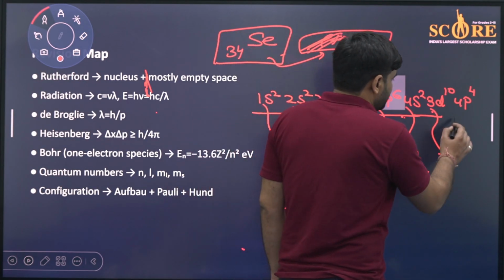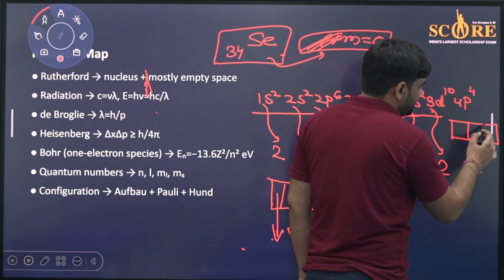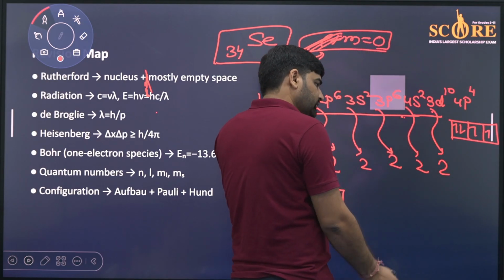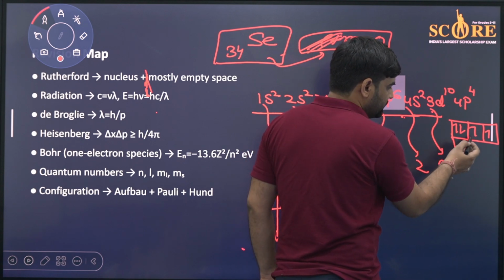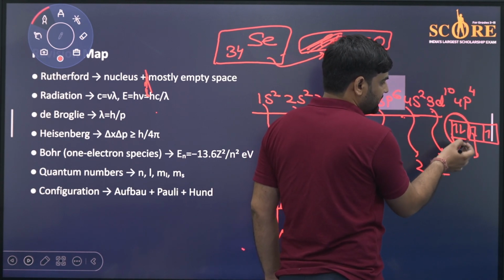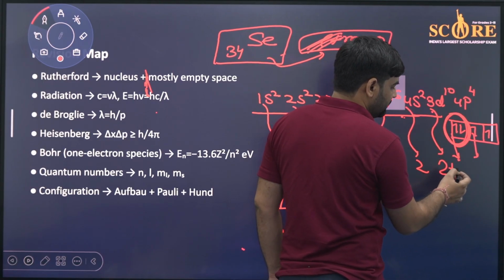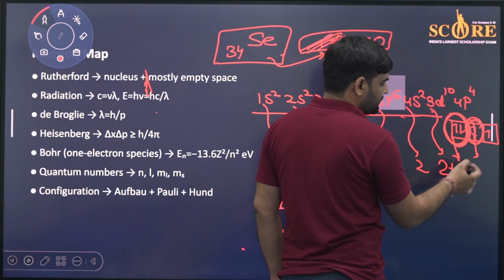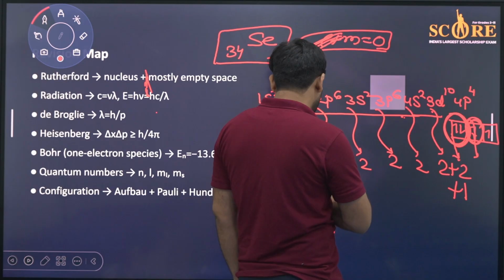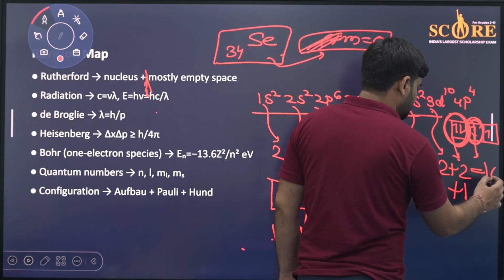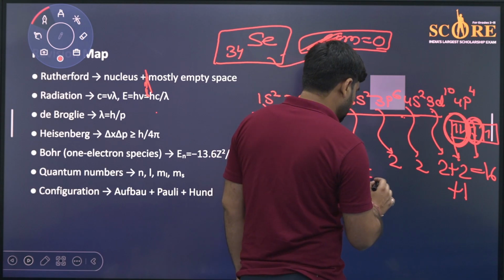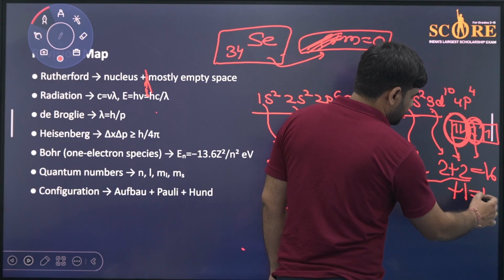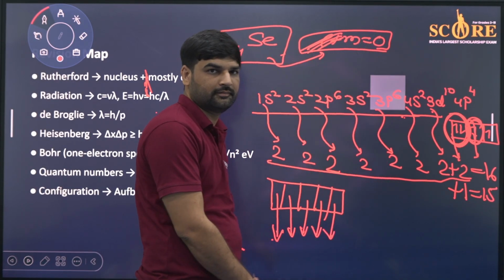And in 4p, if you consider this orbital as M equals to 0, then you count 2 electrons, and if this is M equals to 0, then you count 1. So your maximum answer is 16, and the minimum is 15.